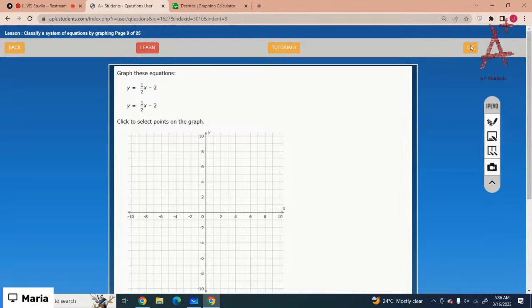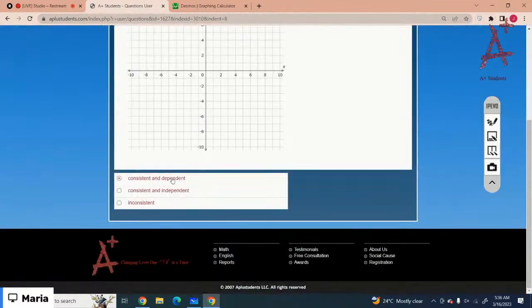Got it? So the system is consistent and dependent.